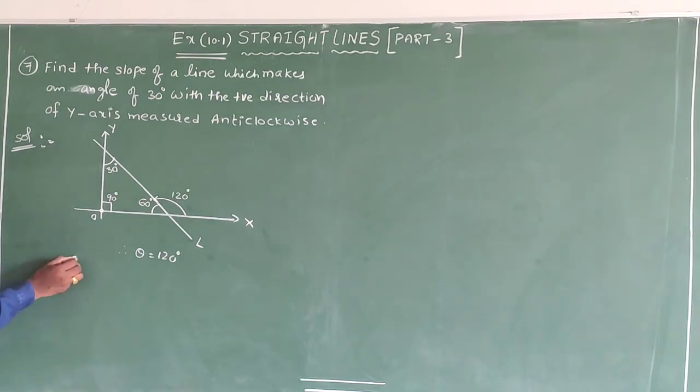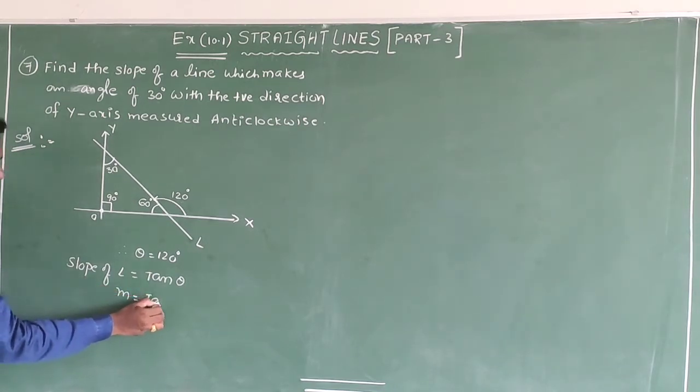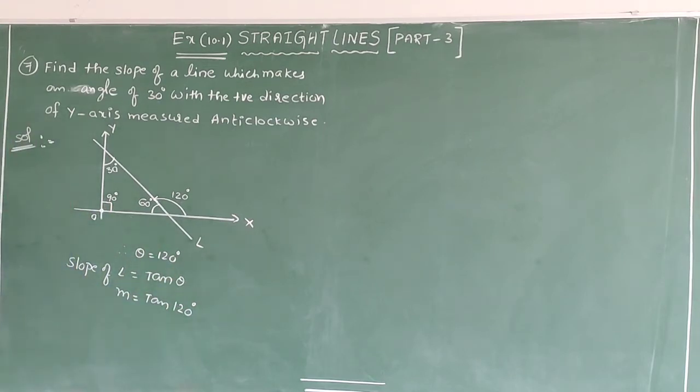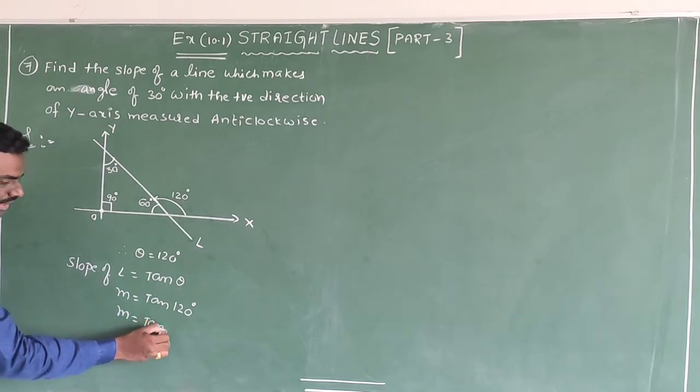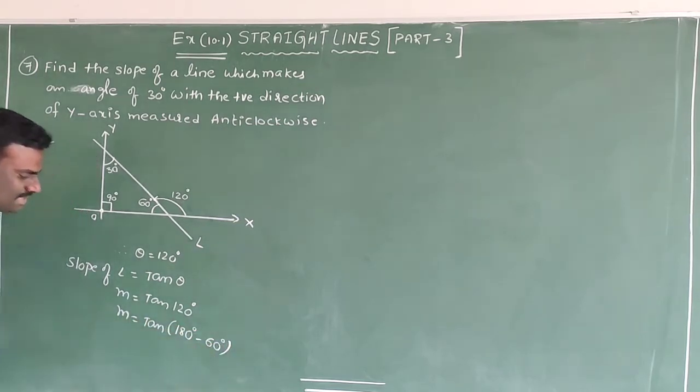Now I am finding the slope of L, that is formula tan theta. Slope is denoted with m. Tan theta is how much? Tan 120. Now this 120 degrees can be written as tan(180 degrees minus 60 degrees).